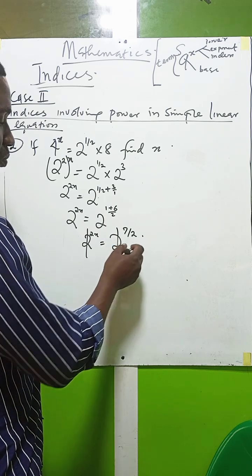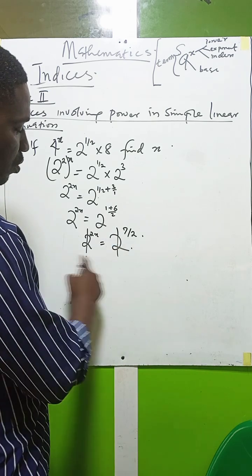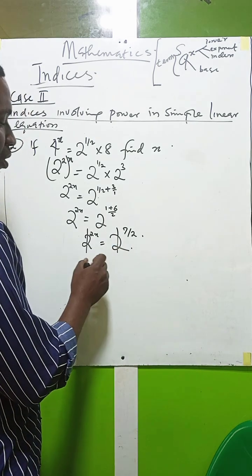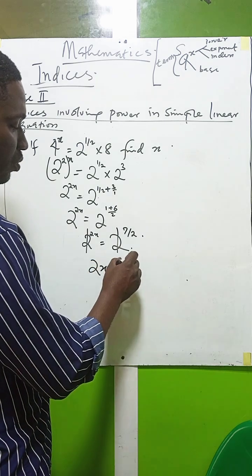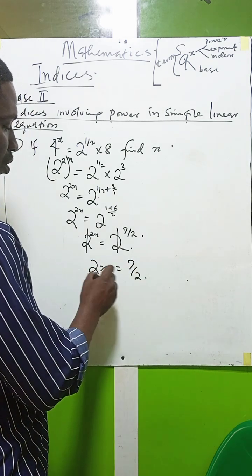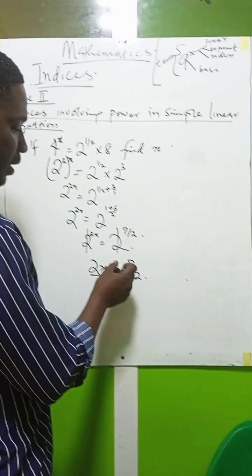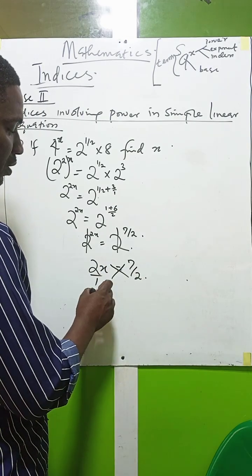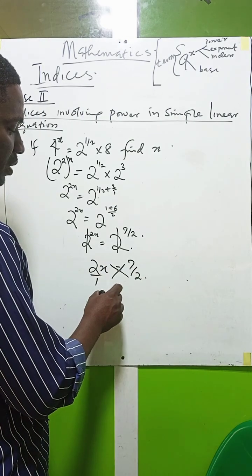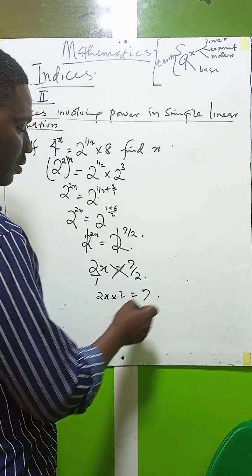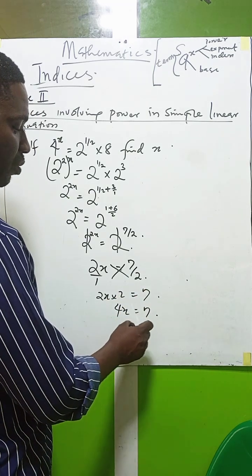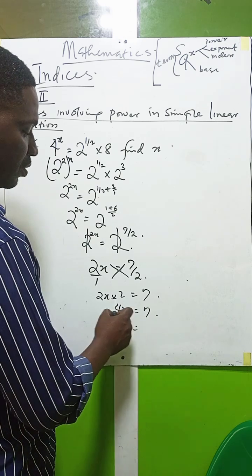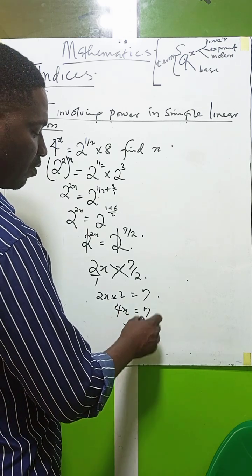So the base can go since they are common bases. So we have 2 times 2x equals 7 over 2. So we can cross multiply. That is 2x times 2 equals 7. That is 4x equals 7. x equals, divide both sides by 4, 7 over 4.